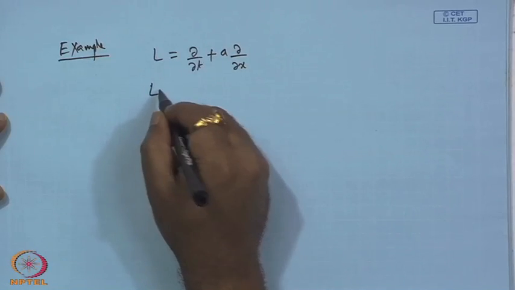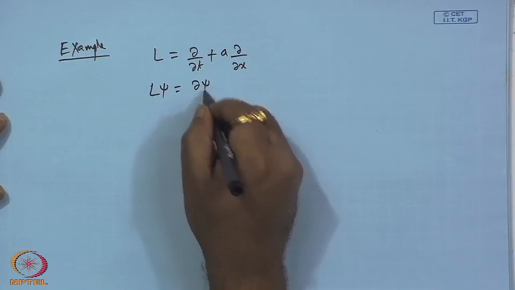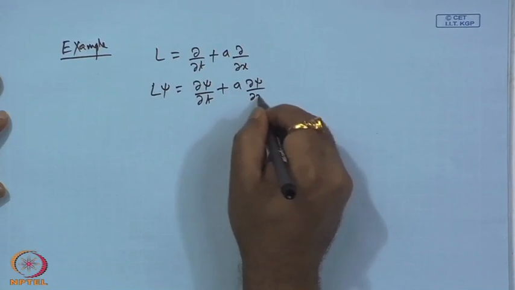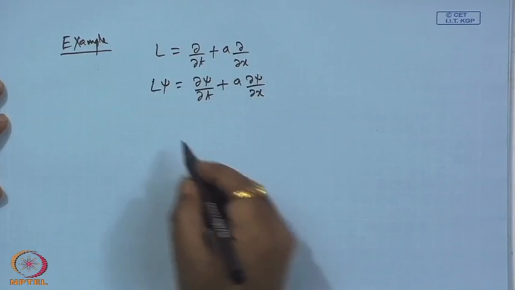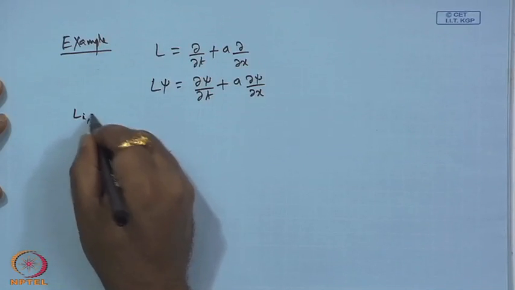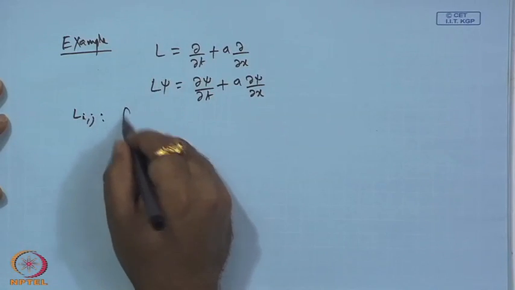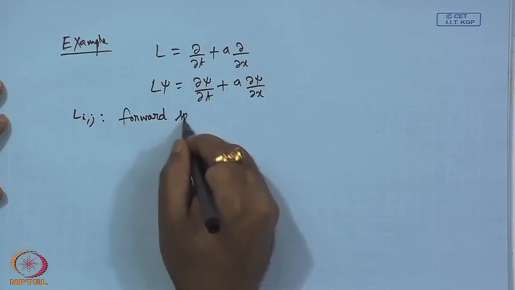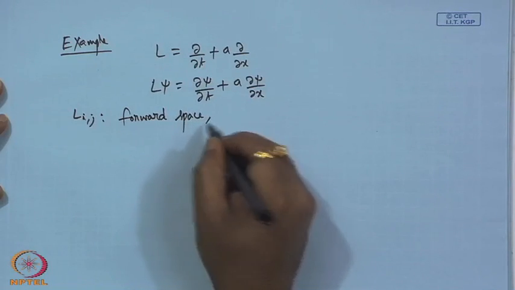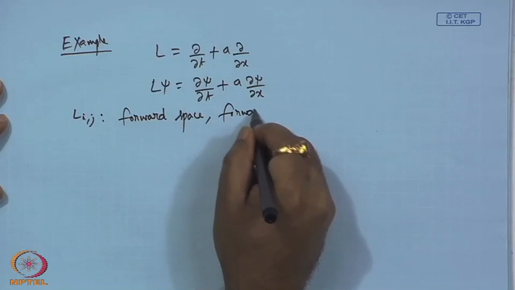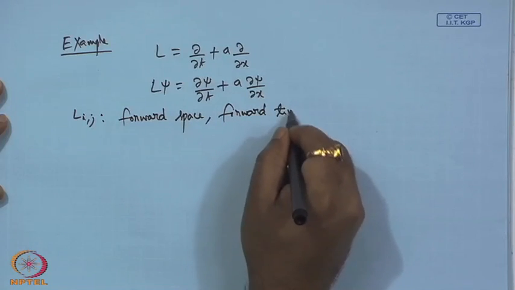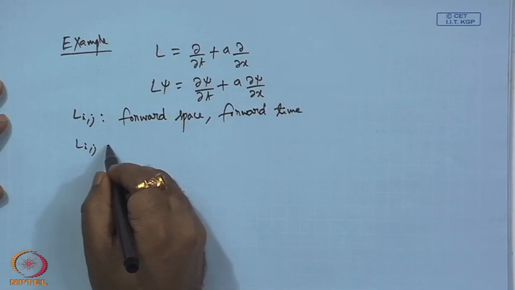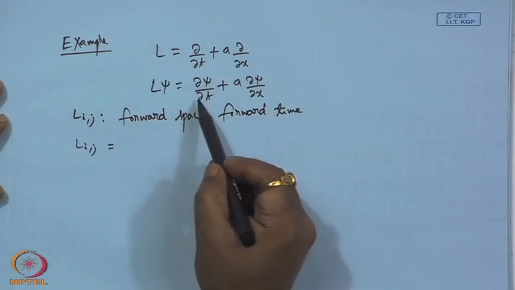Then L psi is... Then L I j, say, forward space, forward time. Okay. So, accordingly we get L I j to be, so forward space, forward time.